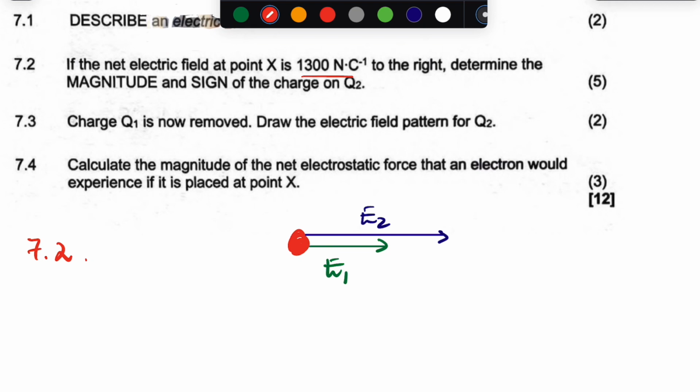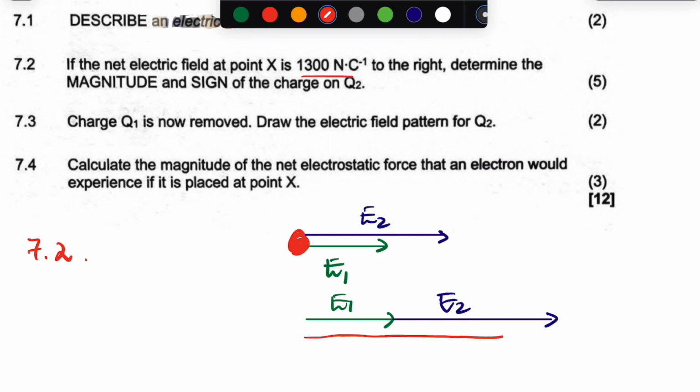So in vector diagram fashion, guys, this is E1, and then E2 is going to go to the right. Then we have the net.